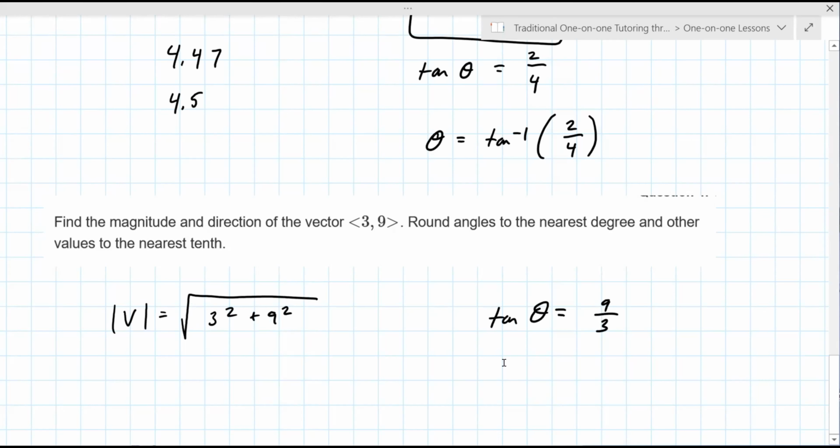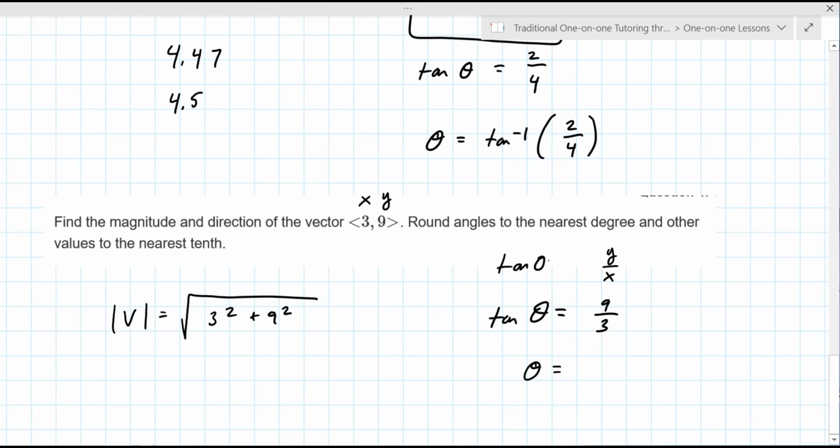How are you doing on this one? Good. I just finished. Okay, what is your magnitude? My magnitude is 9.5. Okay, and your angle? 18.4. What did you put in the calculator? Oh, I put 3/9, not 9/3. That was my fault. So it's y over x.